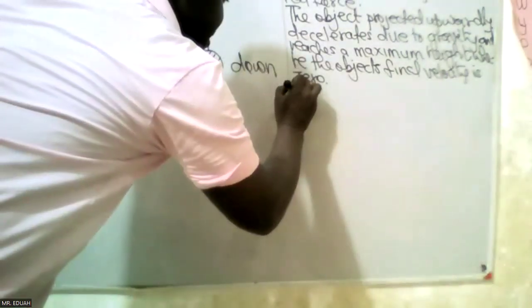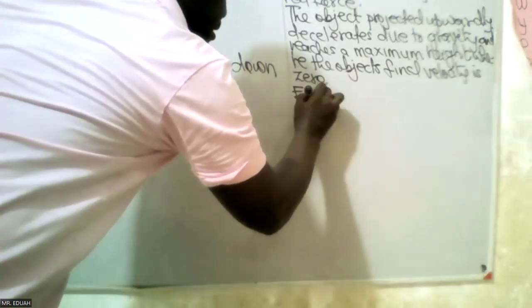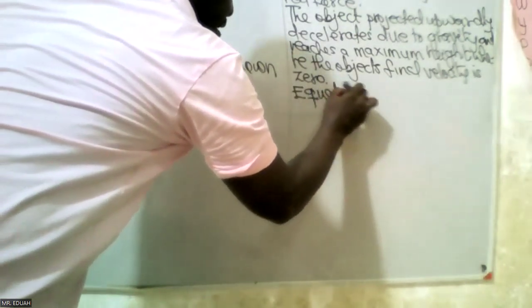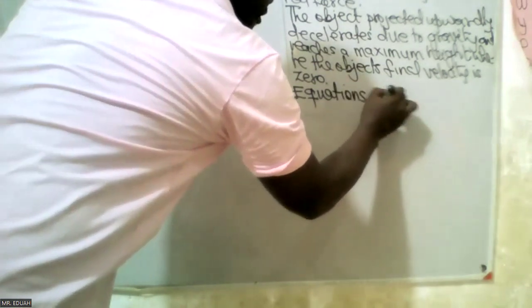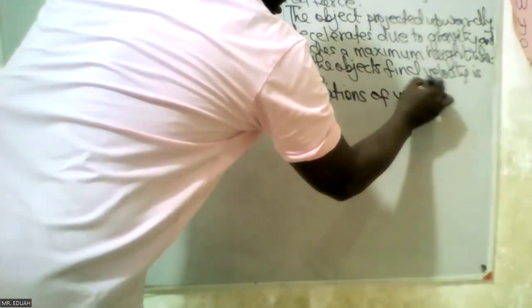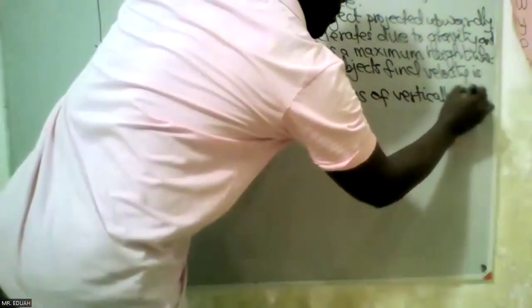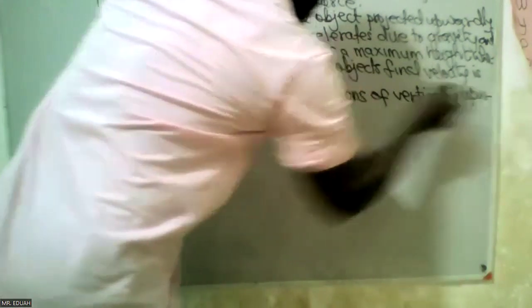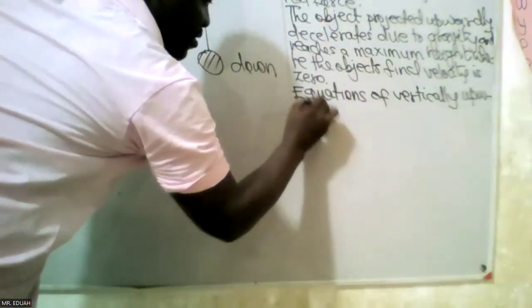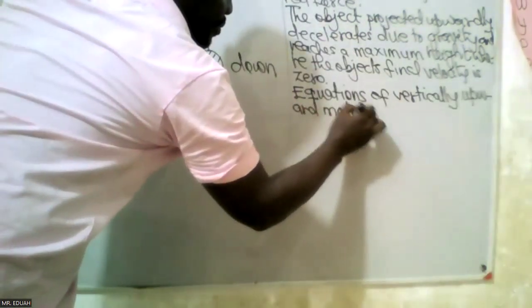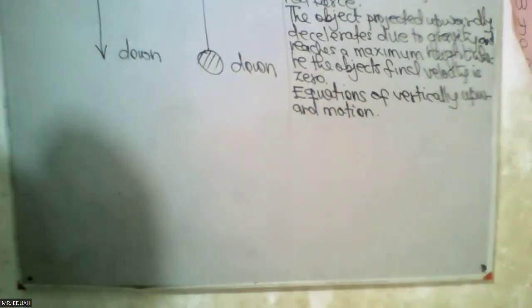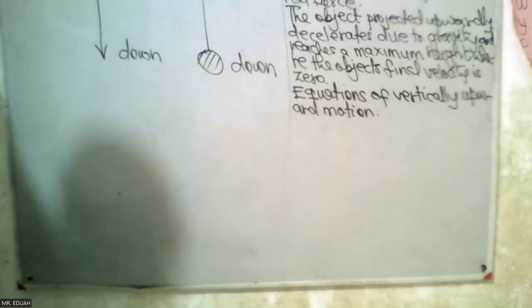Equations of vertically upward motion. We can have mathematical equations to describe the rising or moving objects with time.